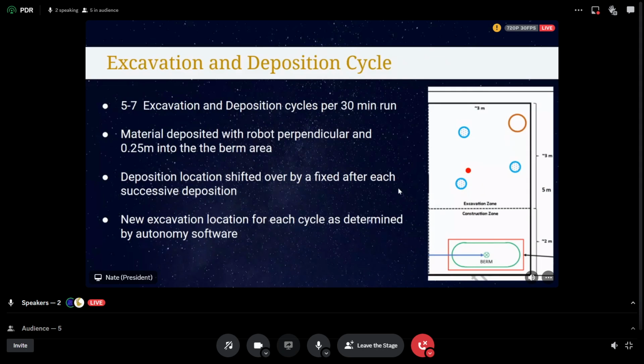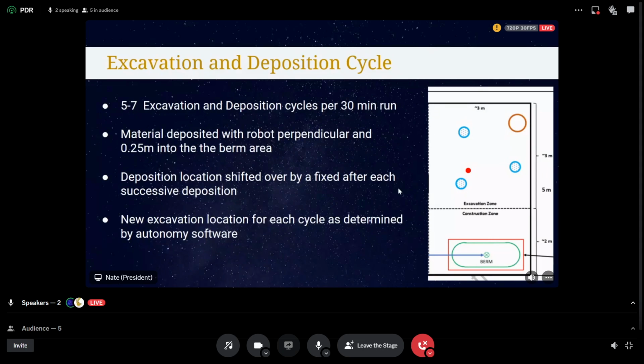For the excavation and deposition cycles, we estimate that there will be about 5 to 7 cycles for a 30-minute run. The material deposited by the robot is about 0.25, a quarter meter, into the berm area. It'll dig into that, and then the deposition location will be shifted over because of the possibility of the wheel sinking into the trench that was already created.